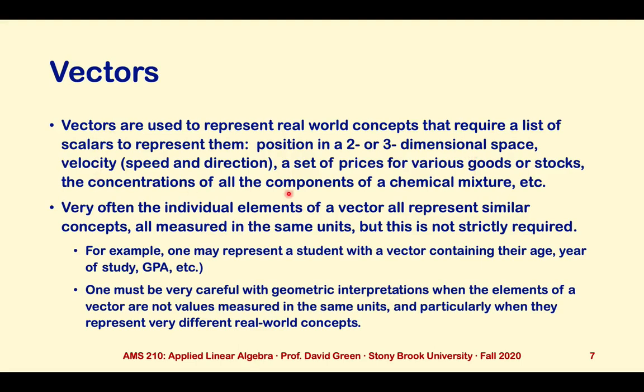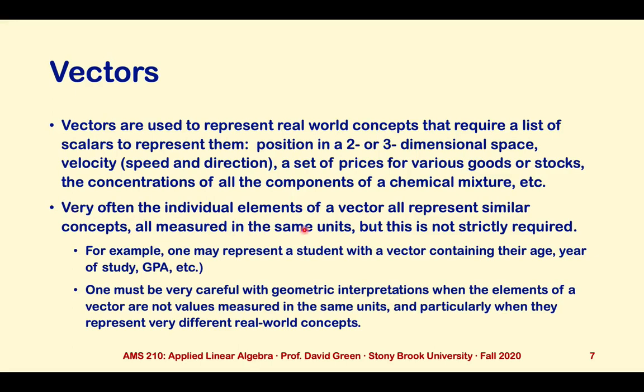A list of concentrations of all of the components of a chemical mixture. These are also concepts that require not a single scalar, but a list of scalars where the order matters. These are typically represented in mathematical models by vectors.